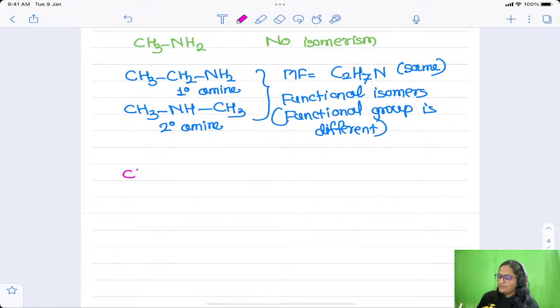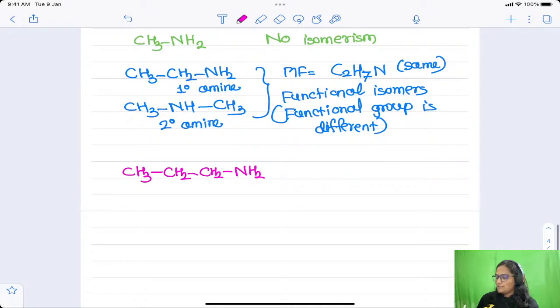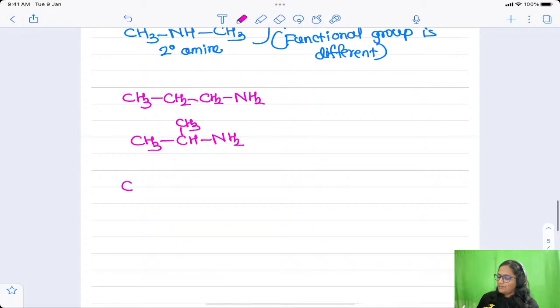So it is CH3CH2CH2NH2. There are 3 carbon atoms. For these 3 carbon atoms and nitrogen, let us see how many possible structures there are. Next I will write down CH3CH(CH3)NH2. Then it may be like this, CH3NHCH2CH3.